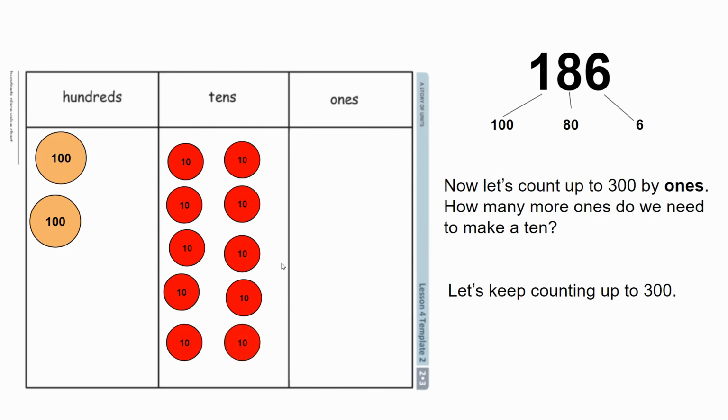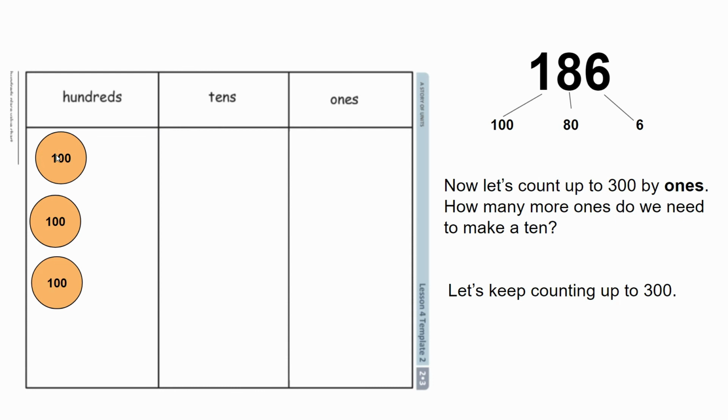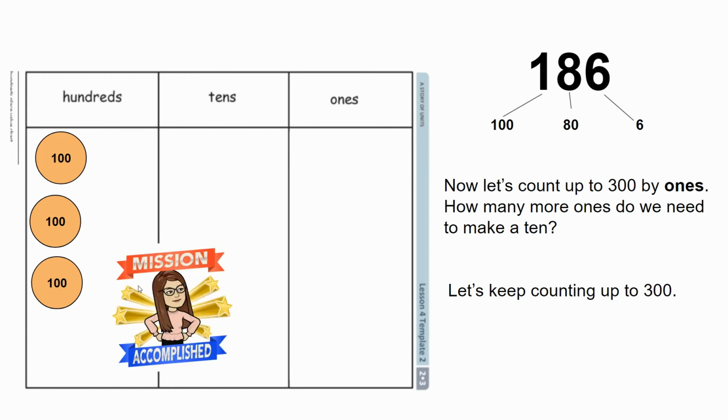Trade it! Now we've got 10 groups of 10. Are we ready to trade for another 100? Here we go. 100, 200, 300. Woo! Mission accomplished, boys and girls. That's a lot. We made it.